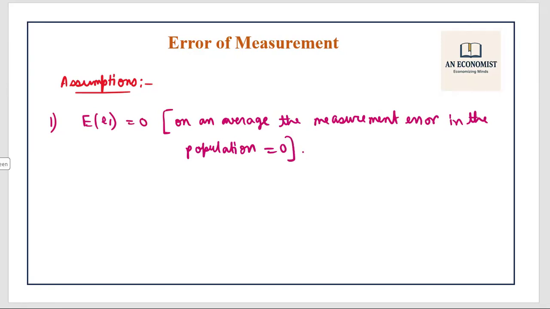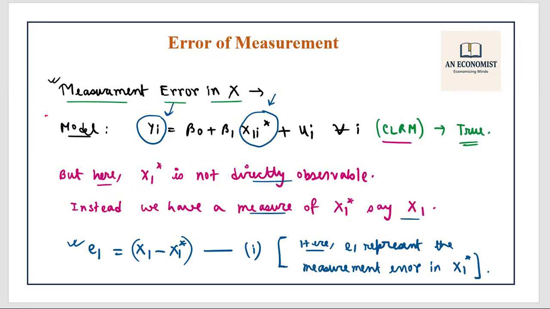So this is the first assumption that we need to make. Now come to the second assumption. The second assumption will be the expected value of x1 u. U is the error in the original model. See, ui is the error term in the original model.